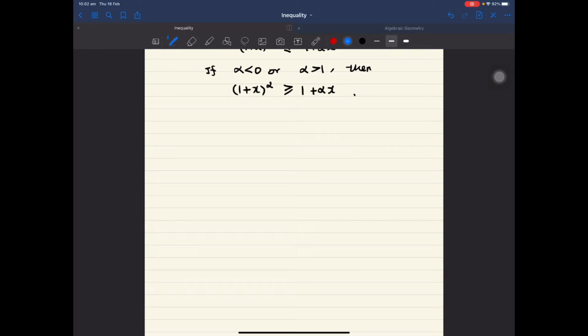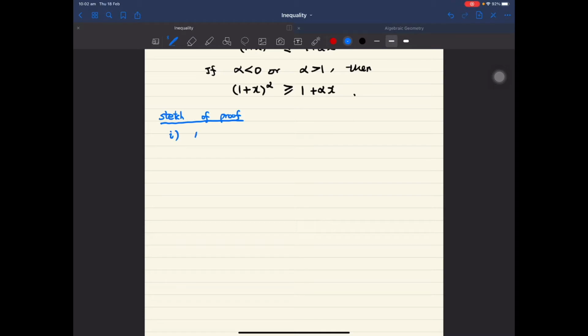Before we go into proving that, the idea of the proof, I call it the sketch of proof, is the following.